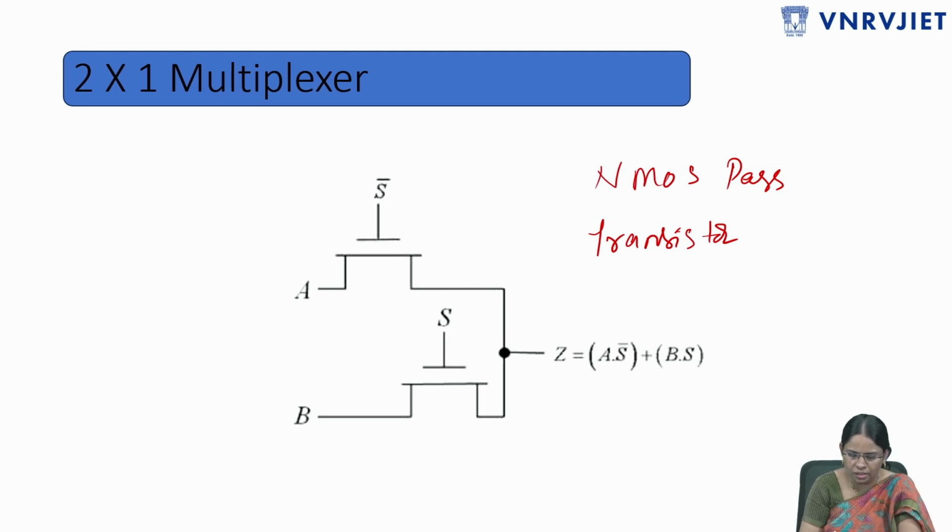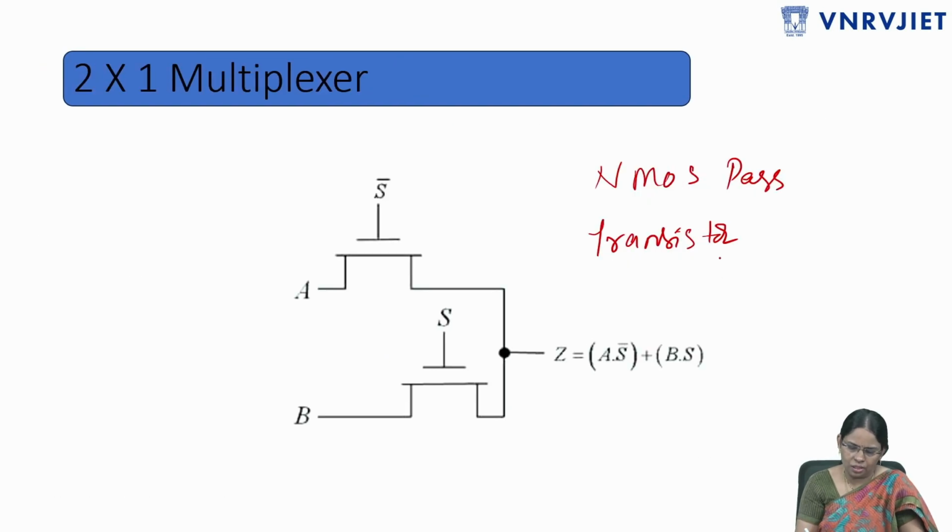Because NMOS is always on for S equals to 1. Here also NMOS is on for S equals to 1. That is the reason we are mentioning this as S dash. In that way we can implement a 2x1 multiplexer by using NMOS pass transistor logic.